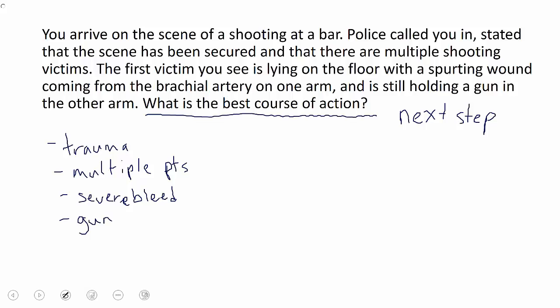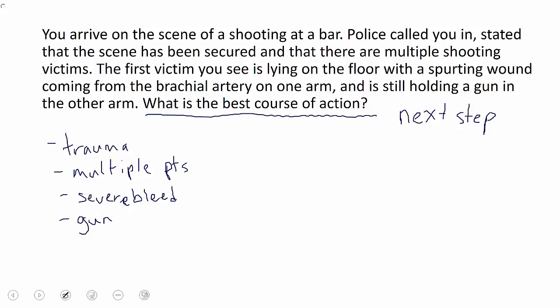All right, now let's think again. What is the best next step? Well, in my thought process, it looks like I've just arrived on the scene, so I haven't done any other assessment steps. Now, what do you do in the scene size-up? Well, we make sure we have BSI on, call for additional help, but one of the first things is to check for scene safety. So if I came across a patient who had a gun in their hands, would I try to take the gun away from them? Would I retreat, call police?